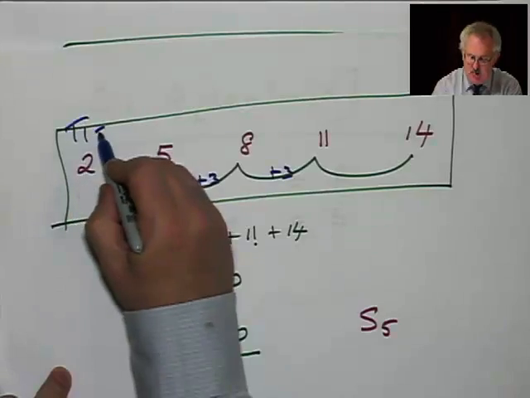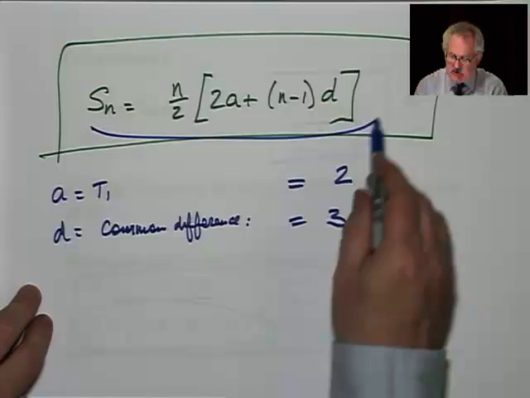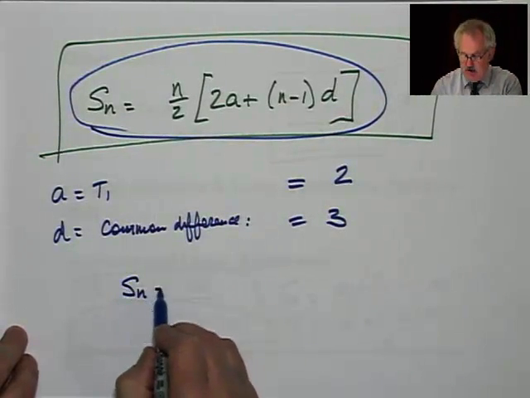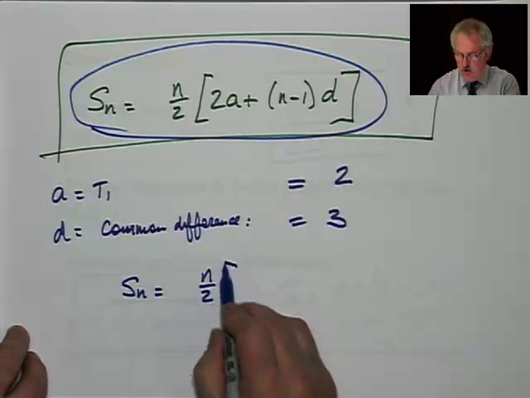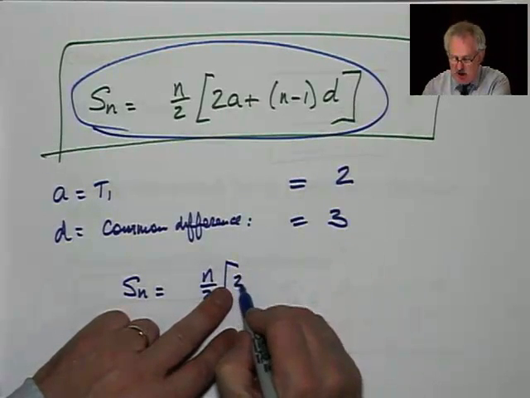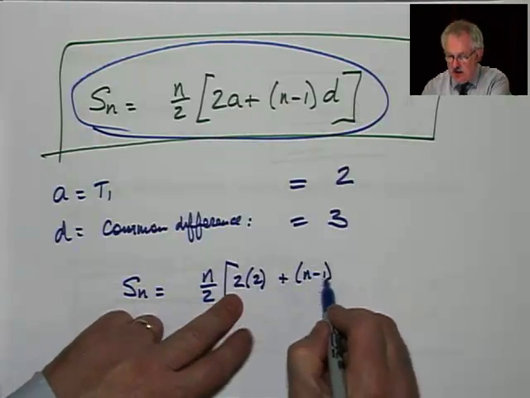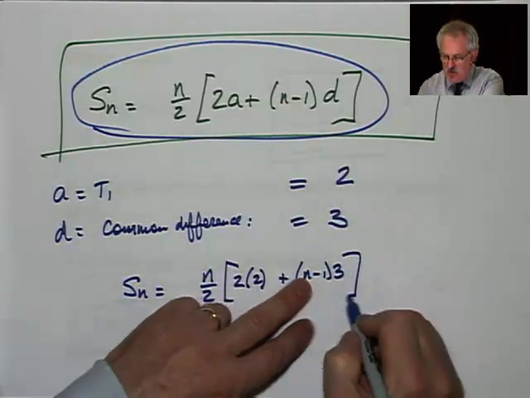This was T1 equal to a. So now we have this equation that's not as complicated. It just says that Sn is equal to n over 2, 2a would be 2 times 2, plus n minus 1 times d, which is 3.